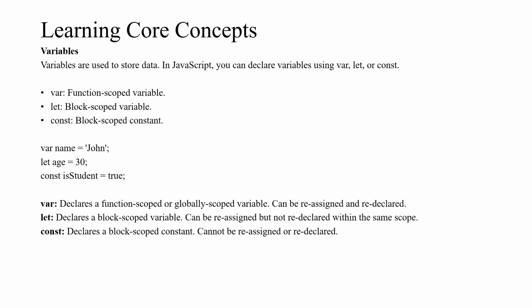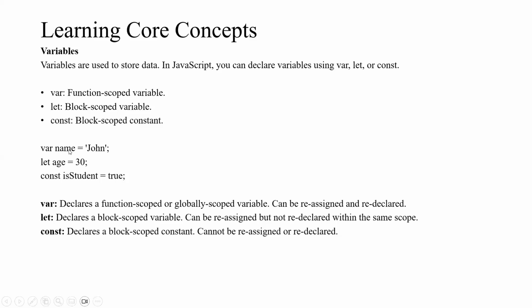JavaScript is a variable name because John, orúkọ John is going to be stored inside name, which is a variable name. So it's defining that John is going to be stored inside name because John is a name.